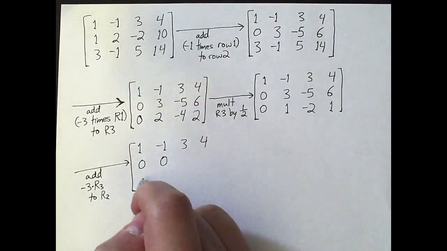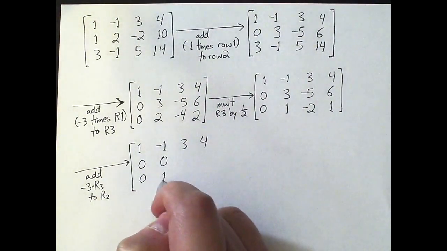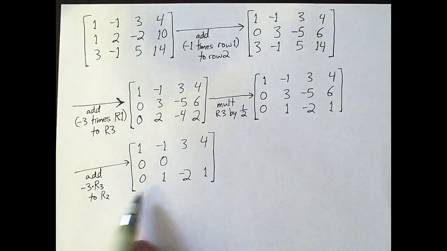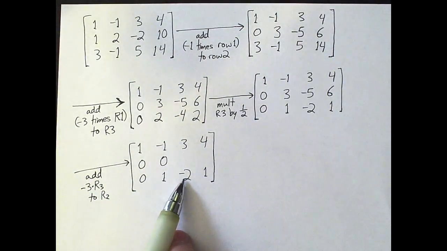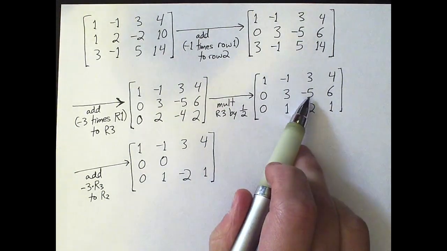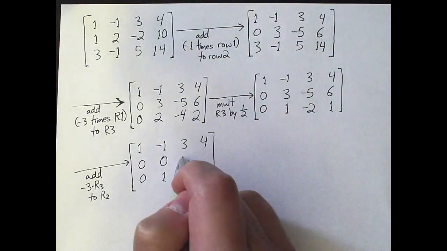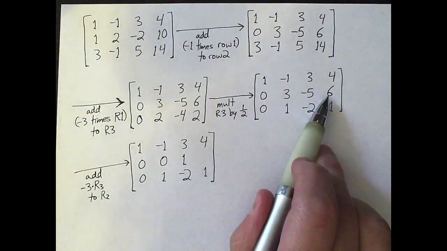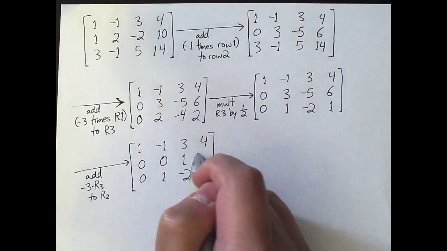All right, so let's copy down row 3 because that's not changing. We're adding something to row 2. So negative 3 times negative 2 is positive 6, getting added to the negative 5 that was already there to become 1. Negative 3 times 1 is negative 3, gets added to the 6 that was there to become 3.